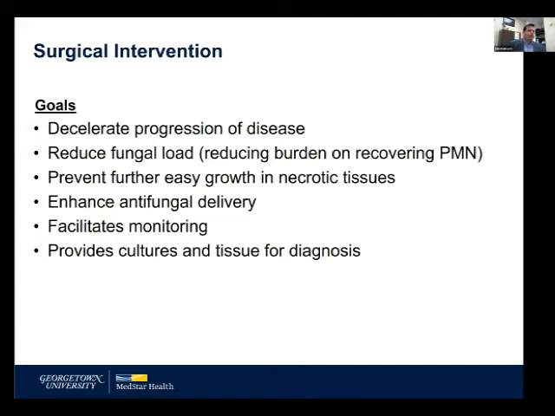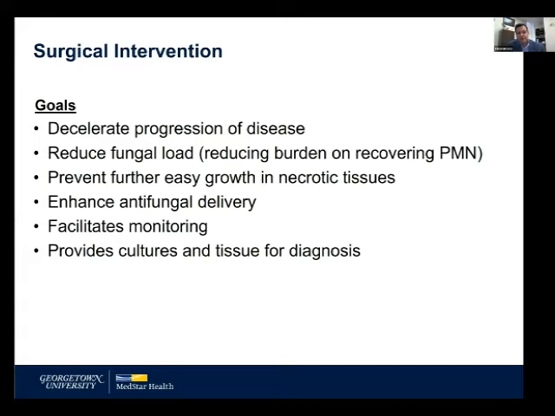From our standpoint, the goals of surgical intervention have a couple of main components. One is to decelerate the progression of disease by removing a lot of the fungal load and reducing the burden on the polyps. Further reduce the necrotic tissue so there's less easy growth in that essentially dead tissue that's left behind after the fungus has done its initial work in the vessels.